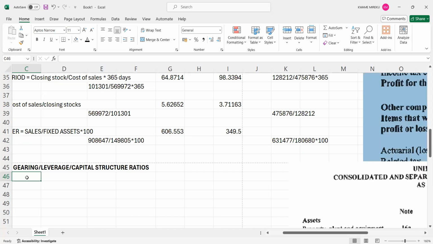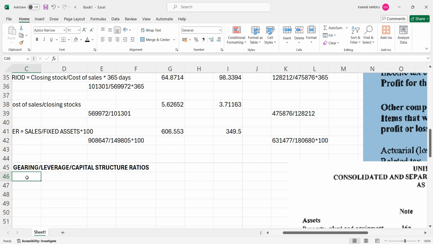If you have more of outsiders' funds compared to the owners', that makes your business quite risky, because you have borrowed so much. That means the owners' funds cannot even pay for the outsiders' contribution to the firm, and that makes your firm risky.